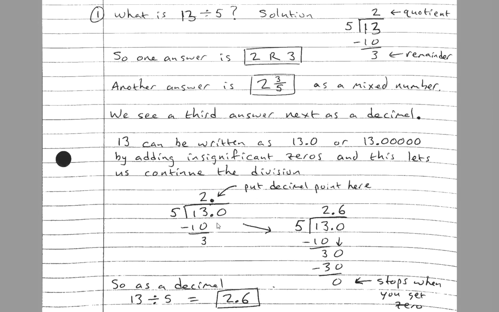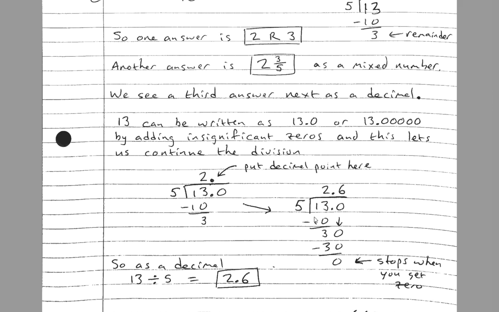Now we just continue. 3 was our remainder, but now we can bring down the 0. 5 into 30 goes 6 times, and the 6 goes above that 0. 5 times 6 is 30, subtract, we get 0. Anytime you get a 0 down here, that means that's the end of the calculation. You can stop. So the answer as a decimal is 2.6.